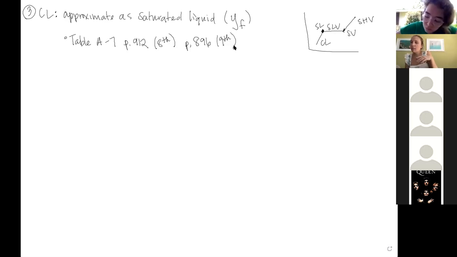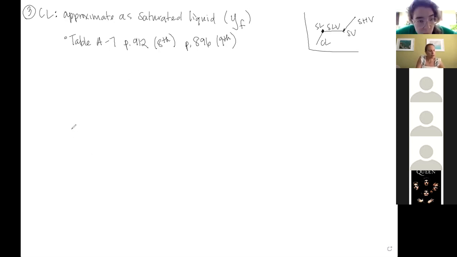This is a table for compressed liquid water. So it does have its own table in some of the newer editions of the book. Some of the older ones, I don't believe have that. If I were to ask you to use it on a homework or an exam, you would just be able to use the saturated liquid. You could use the saturated liquid vapor table.